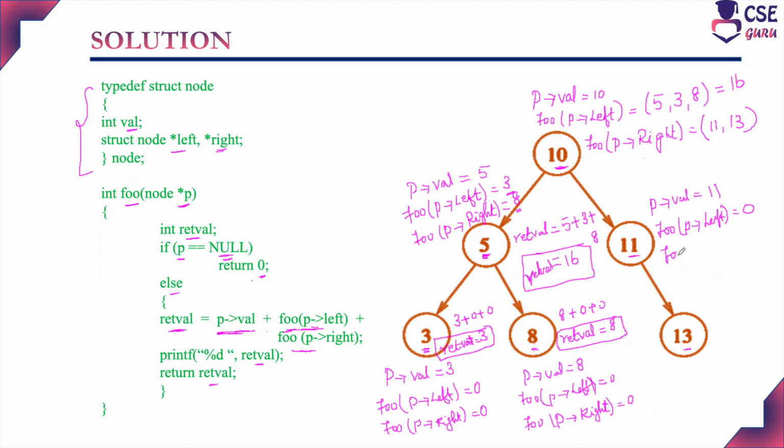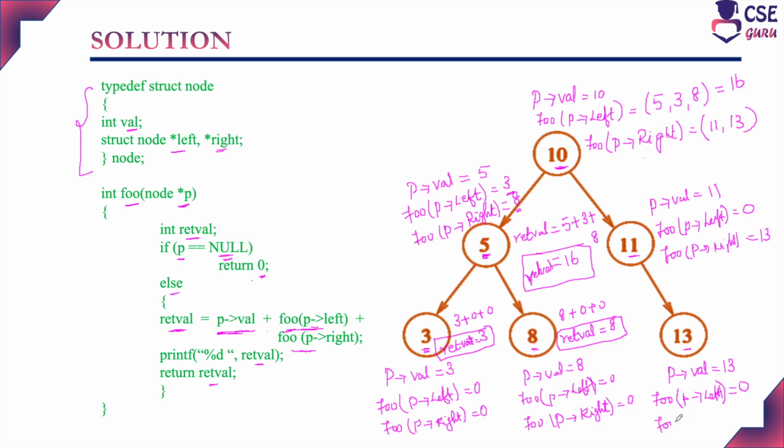And foo of P of right, the right side node value, we will get it as 13. That is, we need to implement the foo function for this node 13. So its P value is 13. And if you are implementing the foo function for its left node, it is 0, there is no left side node.